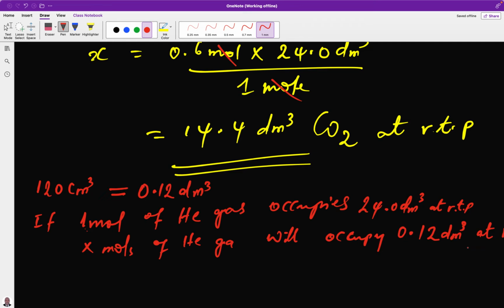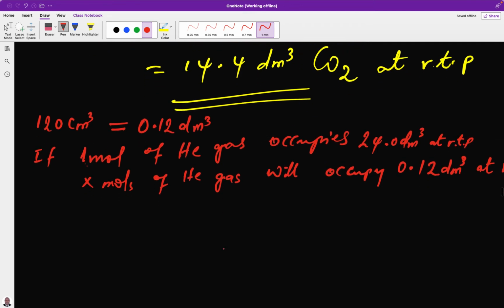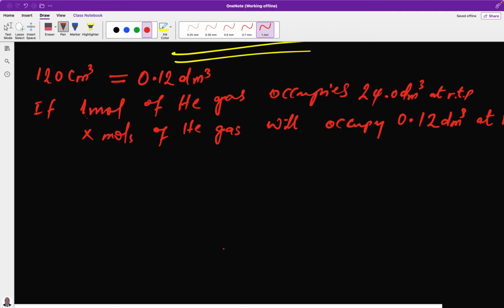After converting your cm cube to dm cube, now let's use our molar gas volume. If 1 mole of helium occupies 24 dm cube at room temperature and pressure, then how many moles of the helium gas will occupy 0.12 dm cube? If we use this simple proportion, we will come to this.